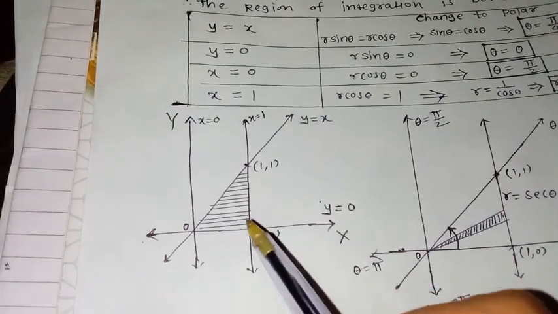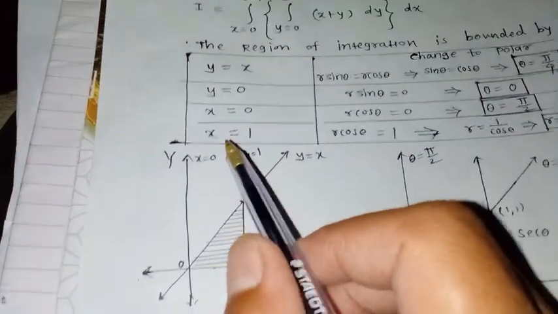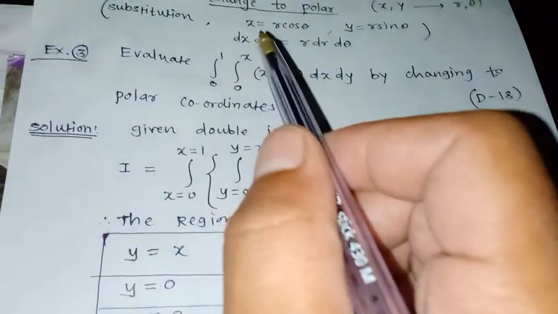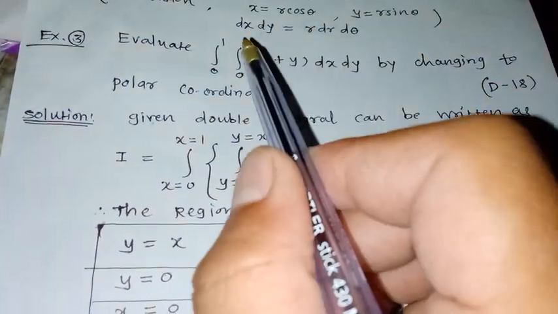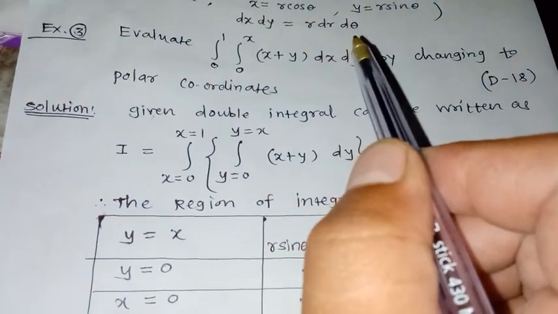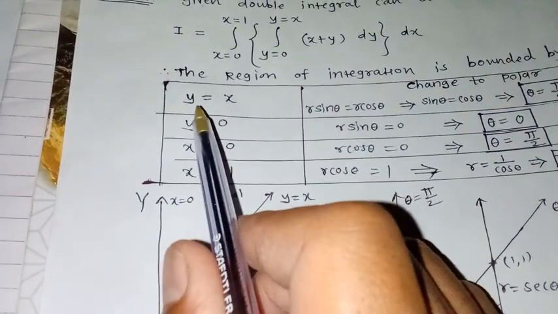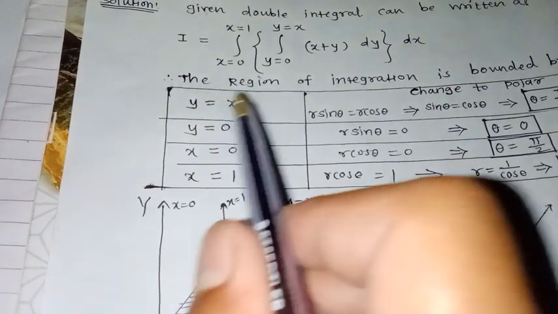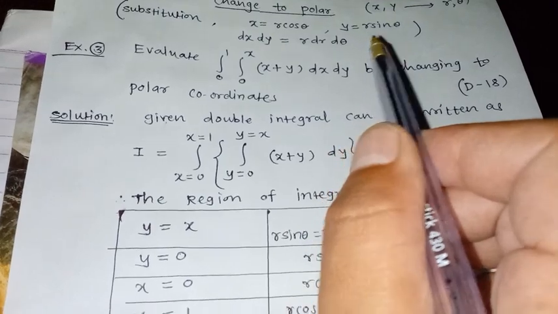Now our next target is to change the Cartesian coordinates xy into the polar coordinates r and theta using that substitution, that is we have to replace x by r cos theta, y by r sin theta and dx dy by r dr d theta. So first of all we are changing our first curve, that is y equals x. Our standard substitution is to replace x by r cos theta and y by r sin theta.